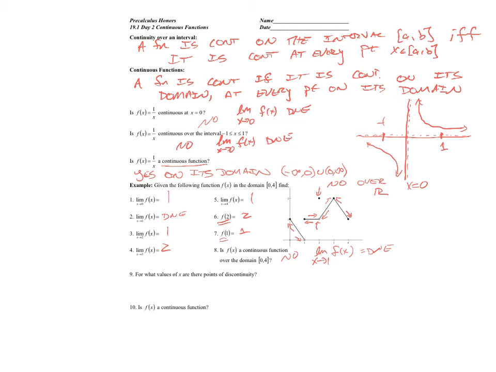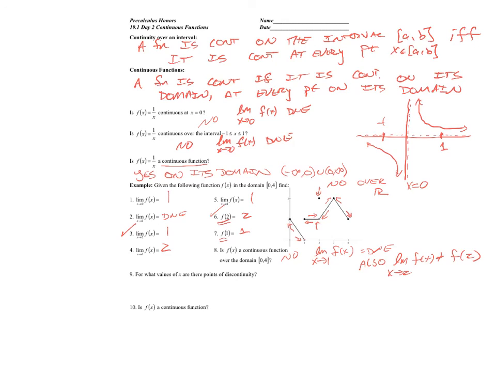At x equals 2, the limit exists, right? We found that, no big deal. The function value exists, no big deal, but check it out, they're not equal. So also, the limit as x tends to 2 of the function does not equal f of 2. So that's also a problem. And that's the third condition, and if all else fails, the third condition is the one you can use to remember everything.